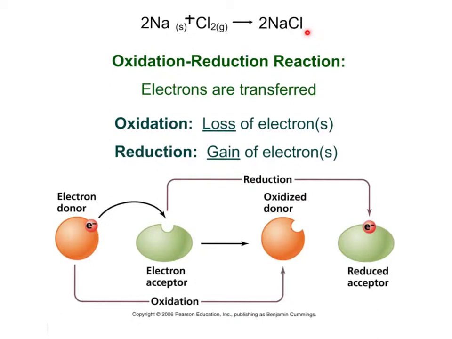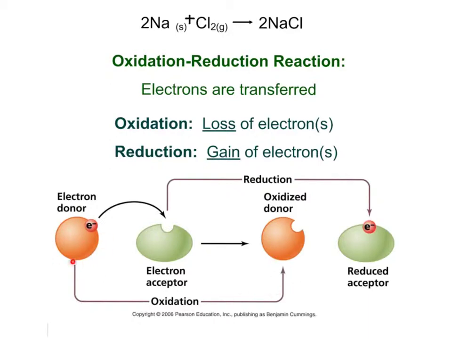When we talk about electron transfer, we refer to oxidation as the loss of one or more electrons. Reduction, by definition, is the gain of one or more electrons. So, this is a little diagram showing that. If we have something right here, an atom or a molecule that is donating an electron, that is being oxidized.